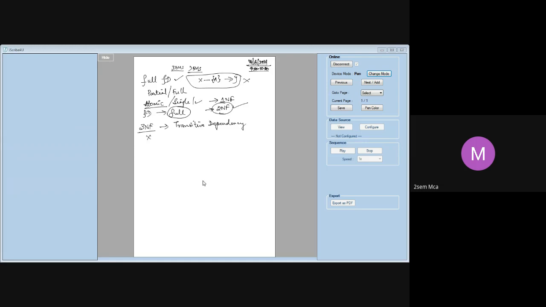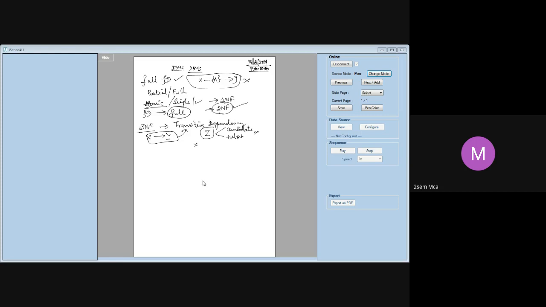So I told you that if we have a functional dependency like this, X determines Y. If I have to call this functional dependency a transitive dependency, then there should exist another set of attributes called Z, which is neither a candidate key nor a subset of any key of R. It should not be any of these.